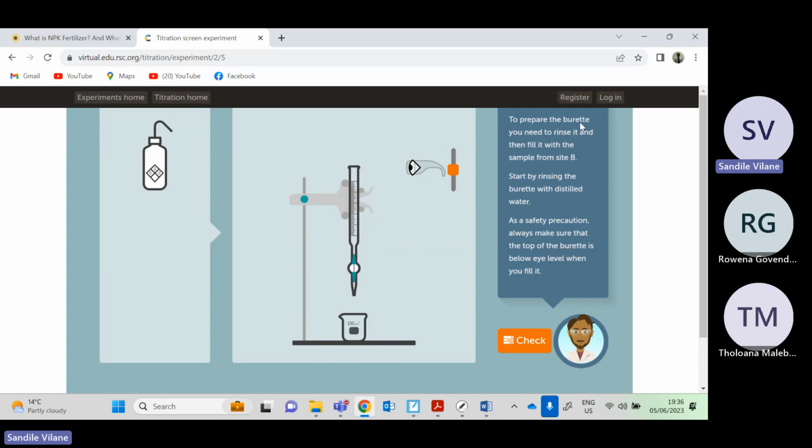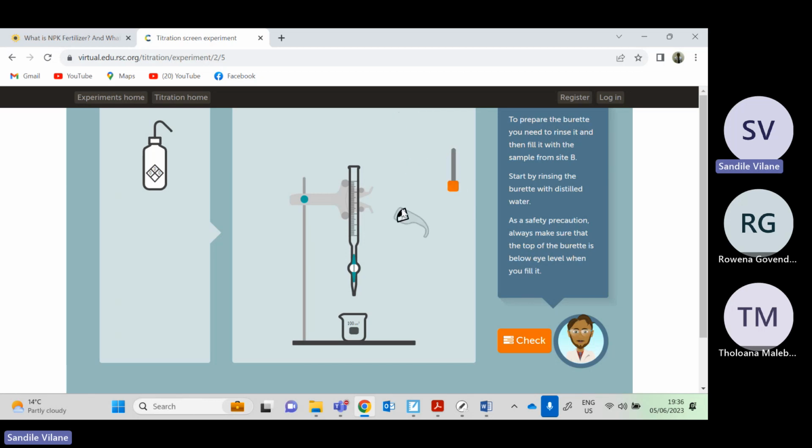Right, to prepare the burette, you need to rinse it and then fill it with the sample from the site. Start by rinsing the burette with distilled water. As I said, always make sure that the top of the burette is below the eye level. So this helps us to control your eye level, as you can see.